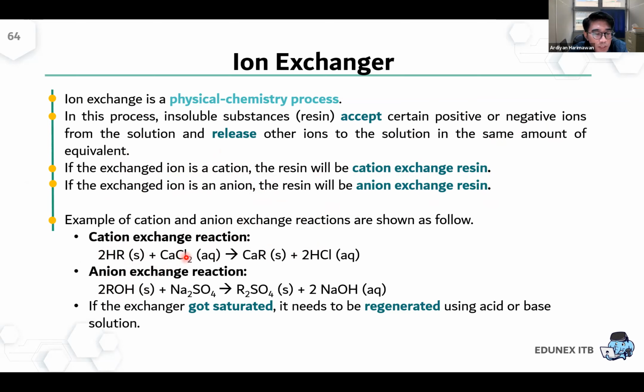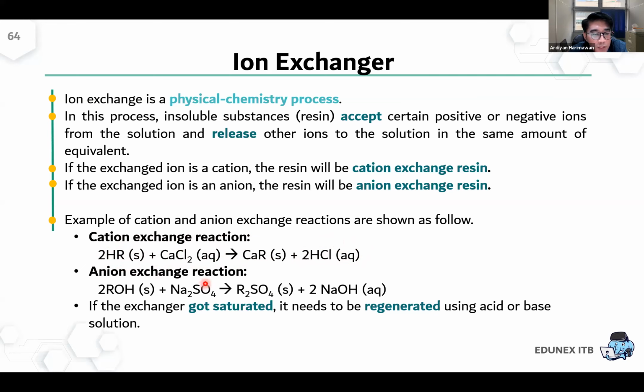For example, you want to clean up the water containing calcium chloride. Then the aqueous solution of calcium chloride will be reacting with the cation exchange resin, and the resin will take the calcium ion and release the hydrogen ion, and then the water will become containing HCl.